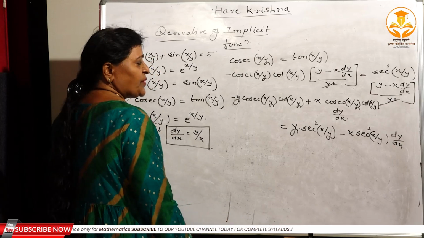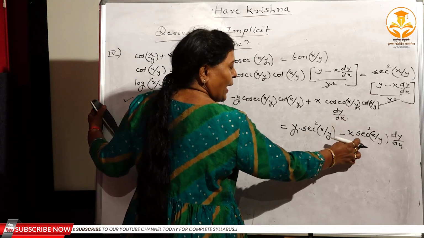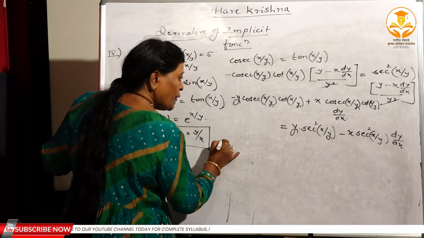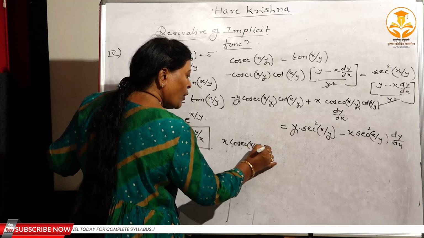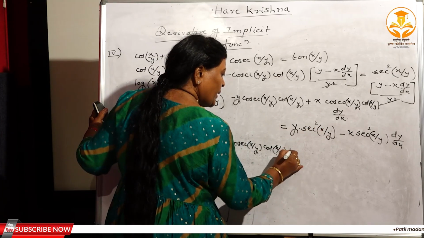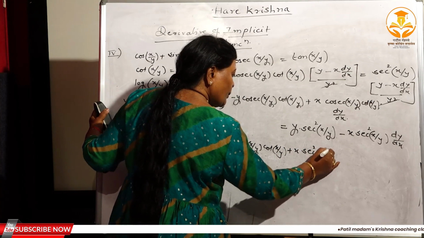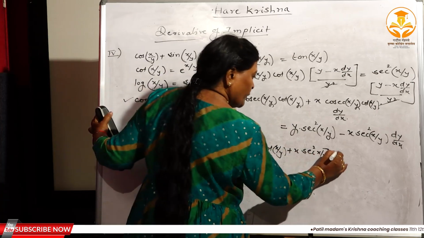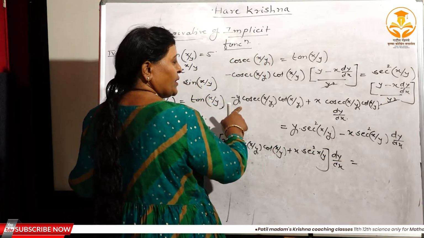Now what you have to do? You have to collect the terms of dy/dx, right? So this is the coefficient of dy/dx, and you can transfer this term here. Therefore x cosec(x/y) into cot(x/y), right? You can transfer this term here, x into sec square(x/y) into dy/dx, right? Now this is equal to, see here, you can transfer this term to that side.